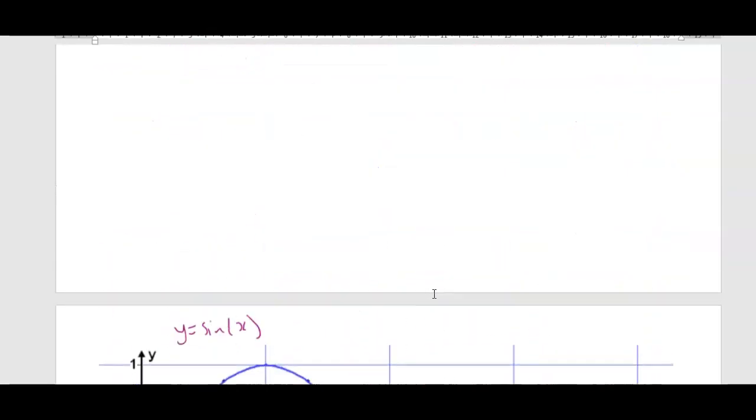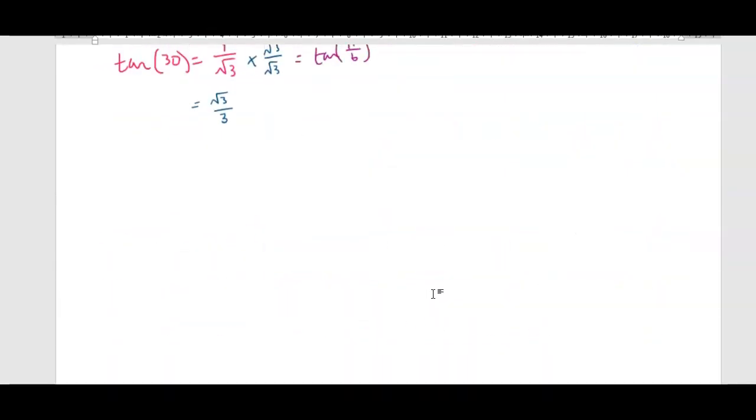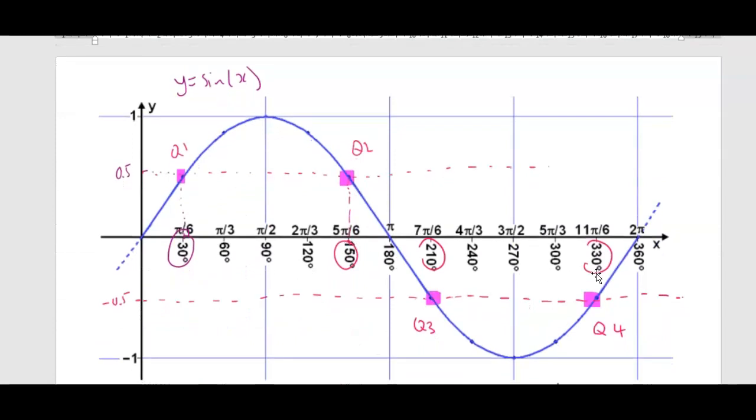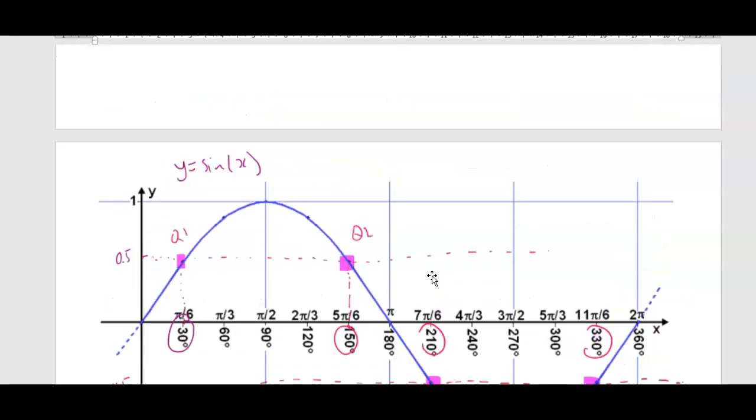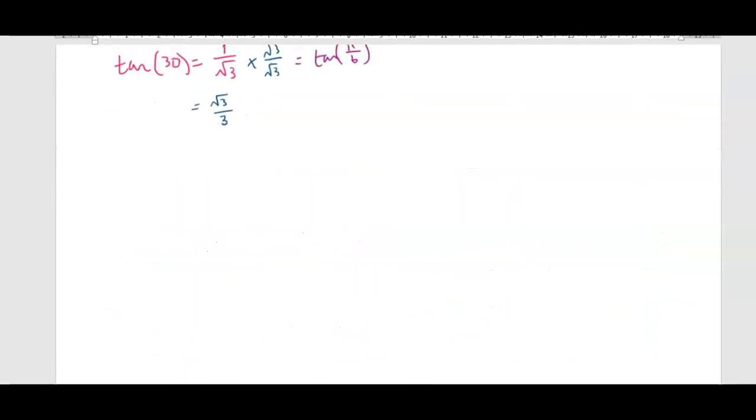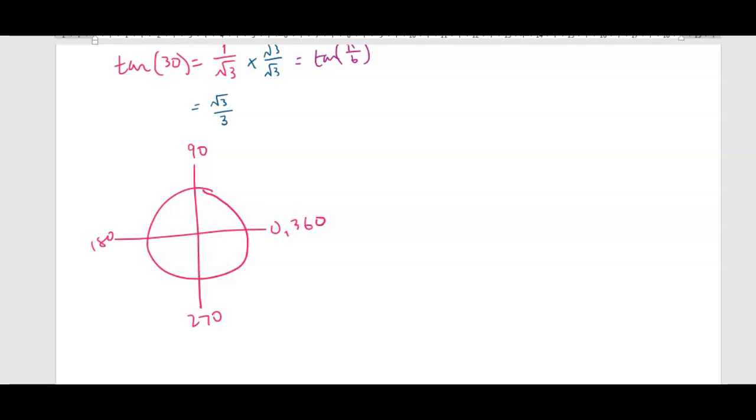Okay, so we already know what these angles are, but let's say, oh, I don't know how we got them. So let's have a look at the unit circle again. So here we have the unit circle, 0, 90, 180, 270, and then back to 360.